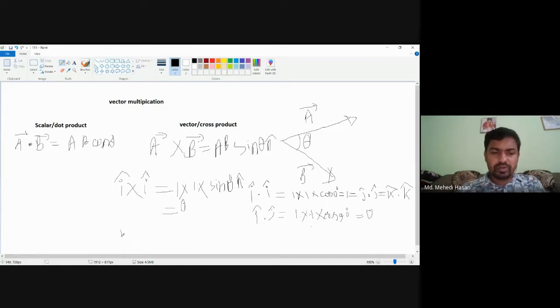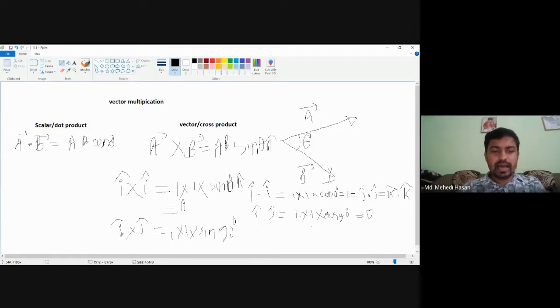Now if we go to different unit vectors, say i cross j, it's equal to 1 into sine 90 degrees, and here the unit vector will be perpendicular to this i and j.